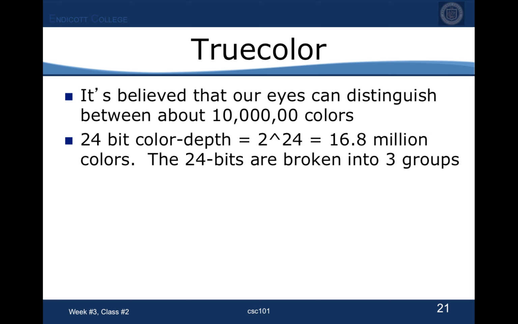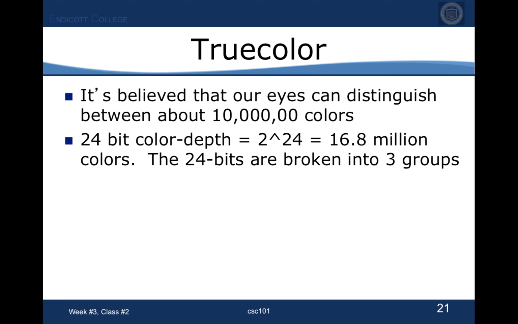But anyway, the color depth of our eyes is about 10 million, which means if you want a computer to store an image that is lifelike, a photo should also be stored with the capability of distinguishing between 10 million colors.